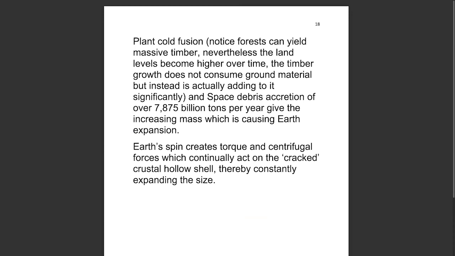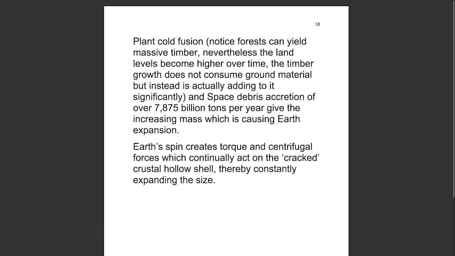he analyzed the moles of the different elements. And then after the plants were adult, he analyzed, and there were hundreds of percent more of all of the life-giving materials that we understand as organic life. In other words, carbon, nitrogen, oxygen, etc. Additionally, the other factor, like I mentioned, space debris accretion per year is over 7,875 billion tons.